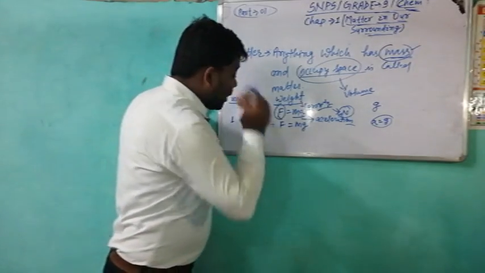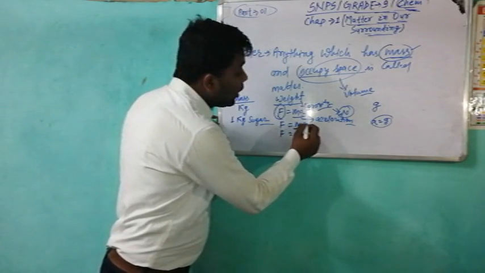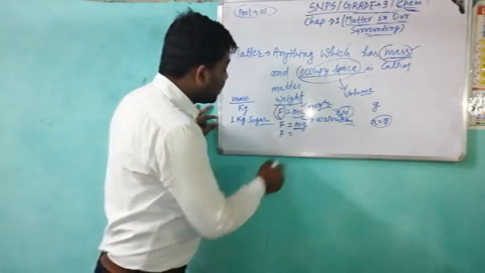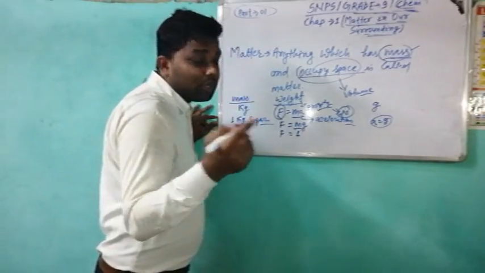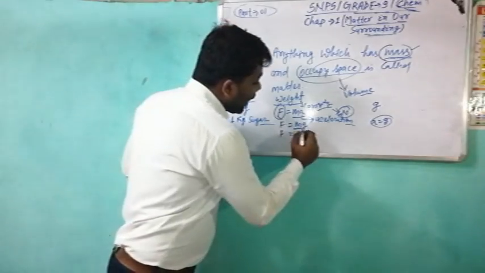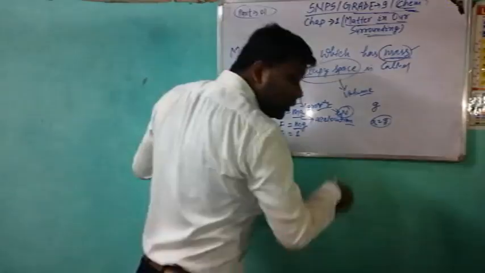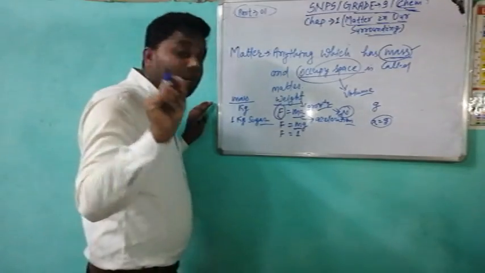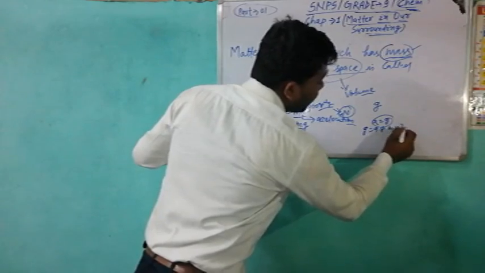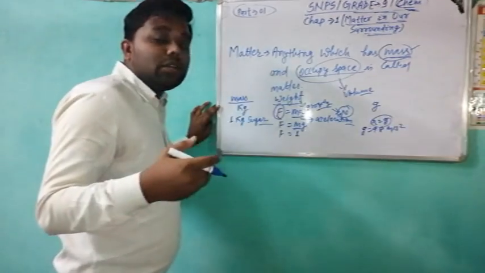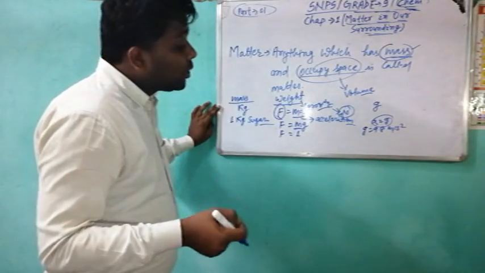So the force is equal to mass into acceleration due to gravity. Here m is equal to 1 kg of sugar, and acceleration due to gravity on the earth, I repeat, on the earth, is 9.8 meter per second square. In upcoming classes I'll tell you more about acceleration due to gravity.